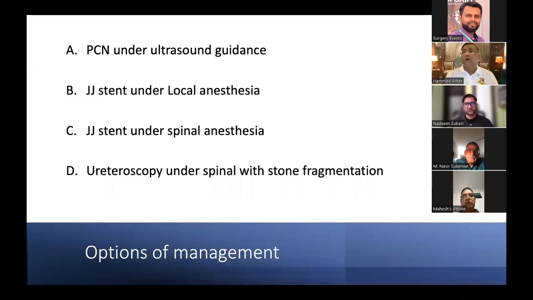And these are some of the options I thought were available to us at that time. I would appreciate if our colleagues can write in the chat box the option that they would select in this 24-year-old, 27-week primigravida with failure of conservative treatment with right-sided obstruction and ureteric stone.